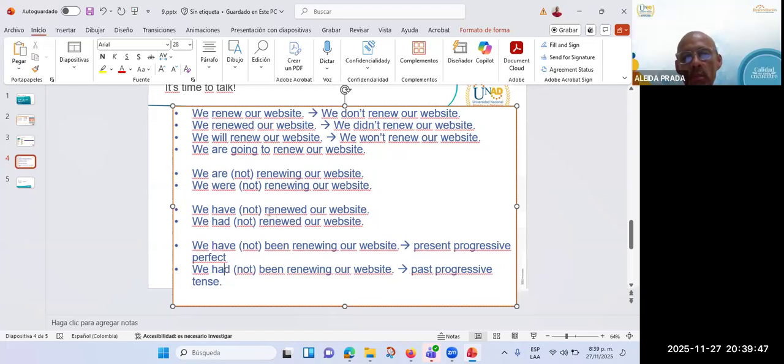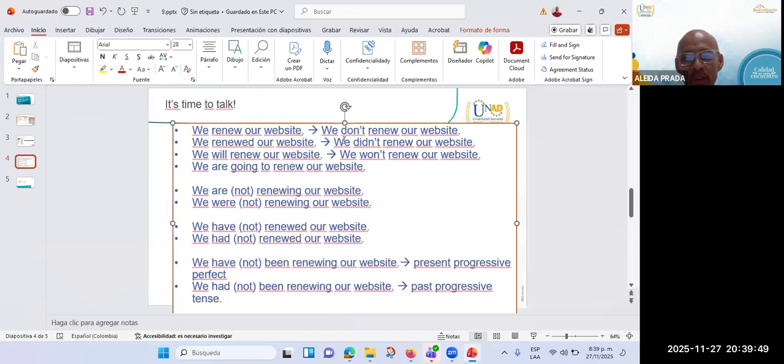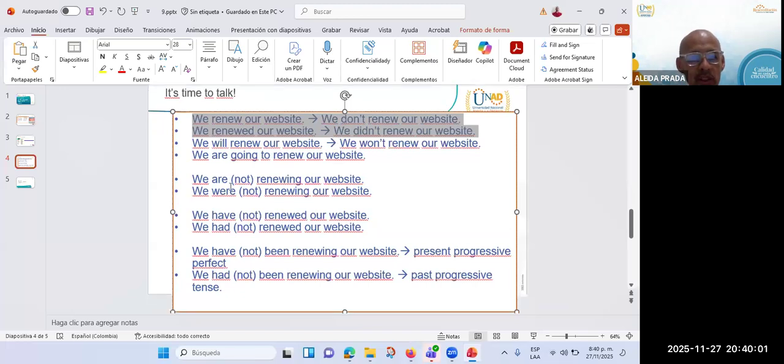Okay, this is very simple. You look at this. In these tenses, maybe it's more difficult to make interrogative questions because you have to use do or did, okay? In this one, the negative forms are very easy, no? You only have to add not after have or had.